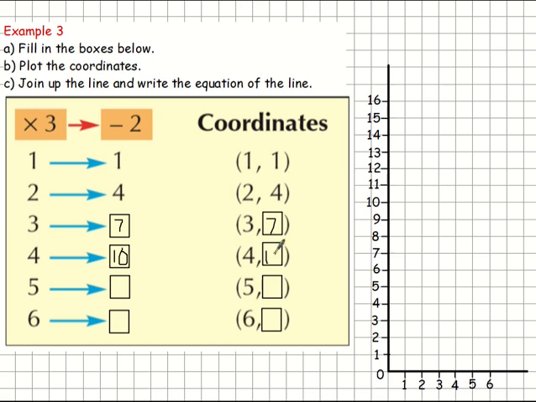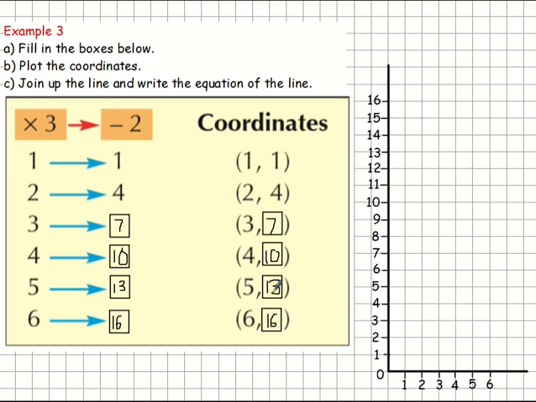So it's 4, 10. 5 multiplied by 3 is 15. Take away 2 is 13. 6 multiplied by 3 is 18. Take away 2 is 16. So that is 16. And, oh, that was 13.